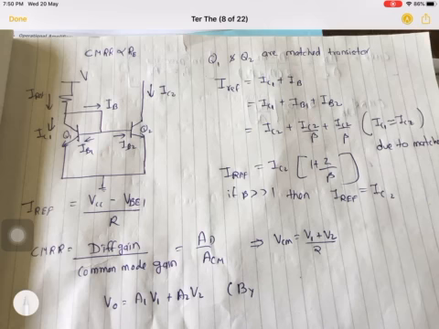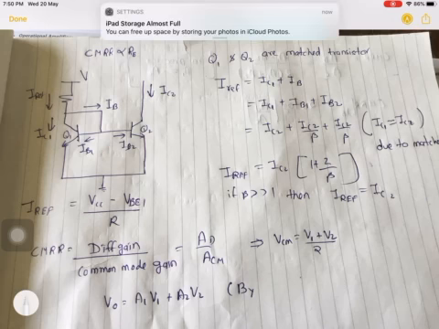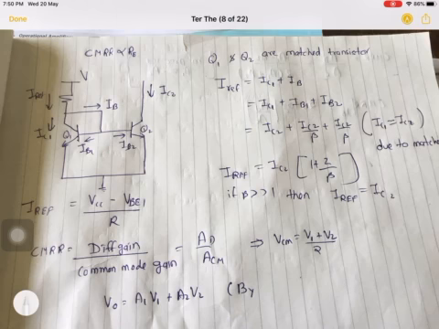Now if beta is much, much greater than 1, then I reference equals IC2, because the 2 by beta term will vanish and it becomes 1. So this current mirror circuit is used as a replacement, and this I reference can be calculated as VCC minus VBE1, divided by R.